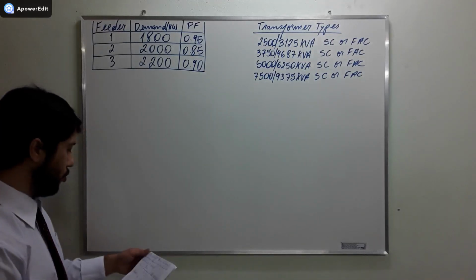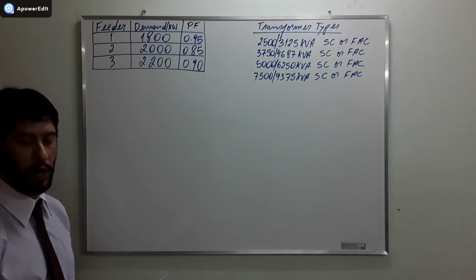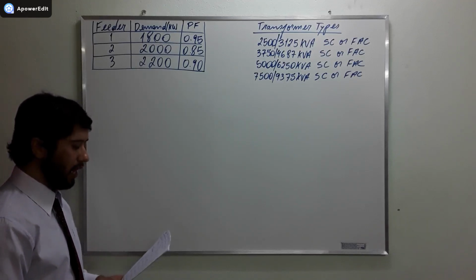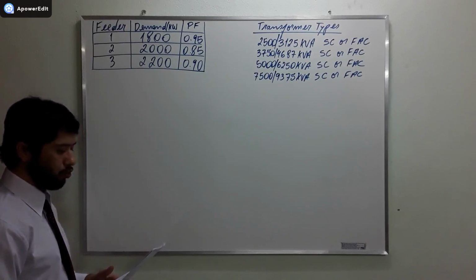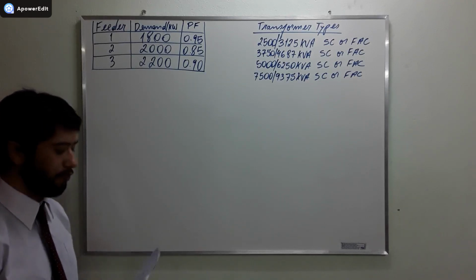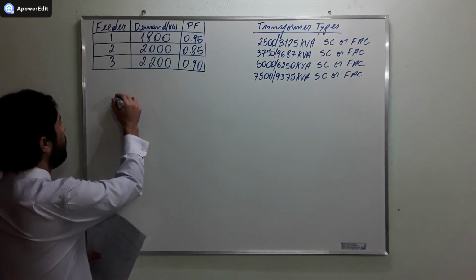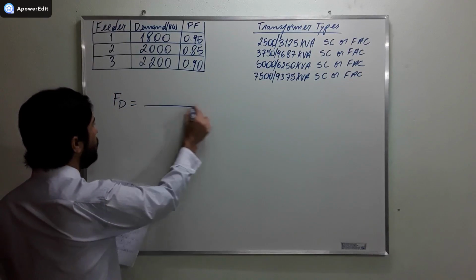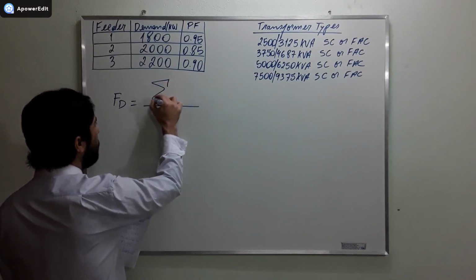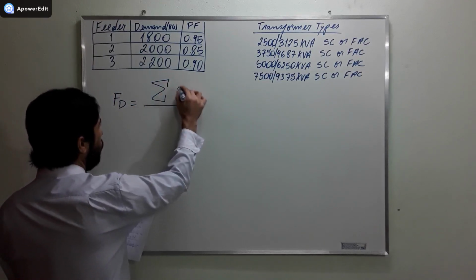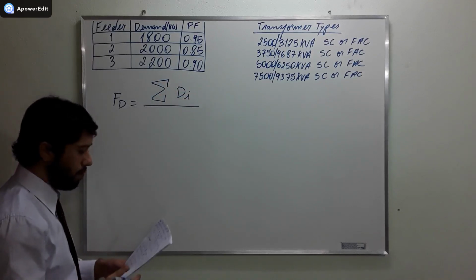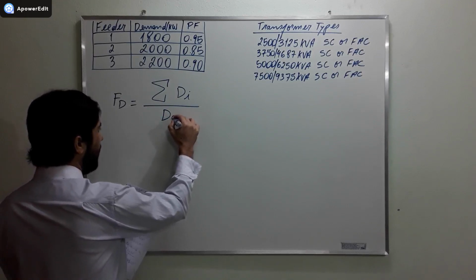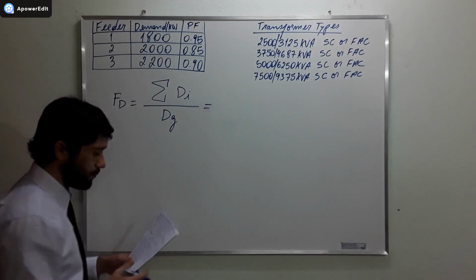Firstly, we are going to calculate what letter A wants. Letter A wants us to calculate the 30-minute annual maximum demand, and to do so we are going to use the diversity factor. FD is equal to the summation of the individual loads or individual demands divided by the diversified demand.